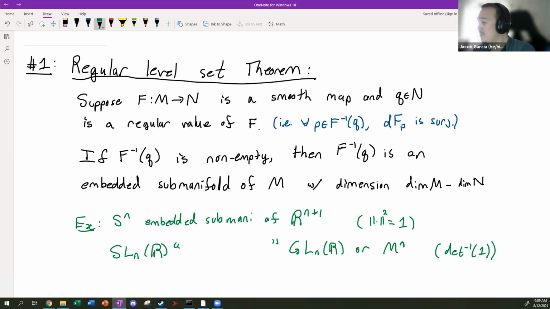So these are both smooth, and so you can just use the regular level set theorem to find these as appropriate embedded submanifolds. But when you're looking at a problem, anytime it's the dimension of the big thing minus a number, you should be like, how can I use the regular level set theorem to do this problem? It's a tool that's used in a class of problems.